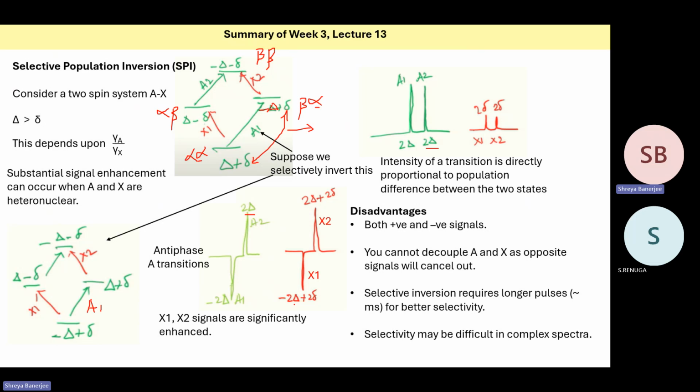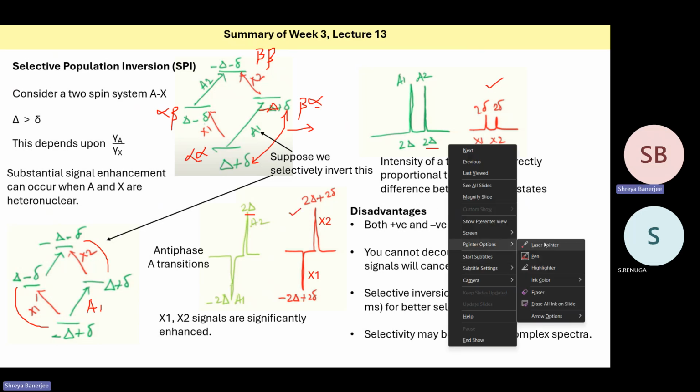X1 will become -2 capital delta plus 2 small delta, and X2 will become 2 capital delta plus 2 small delta. So the advantage of this selective population inversion is that in the equilibrium population, this signal was low intensity, and now you have managed to increase the intensity of this signal.